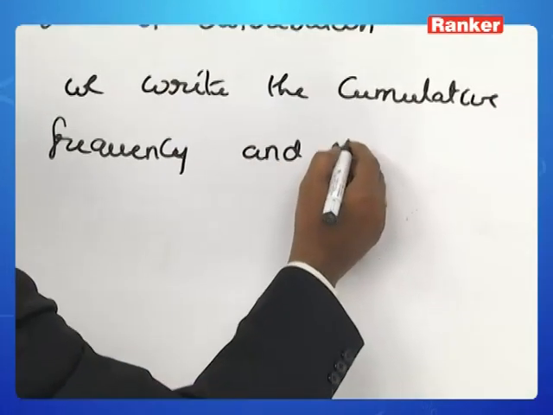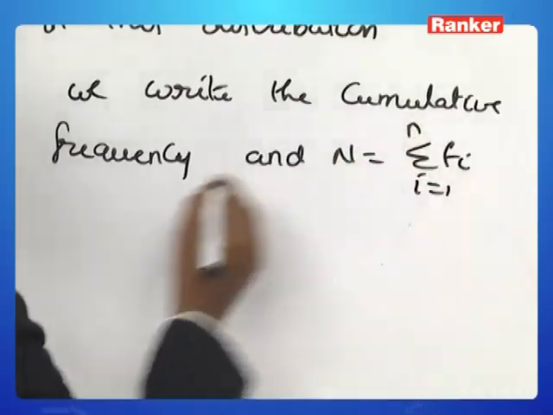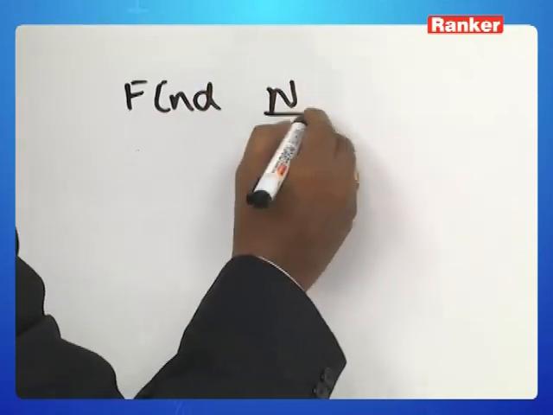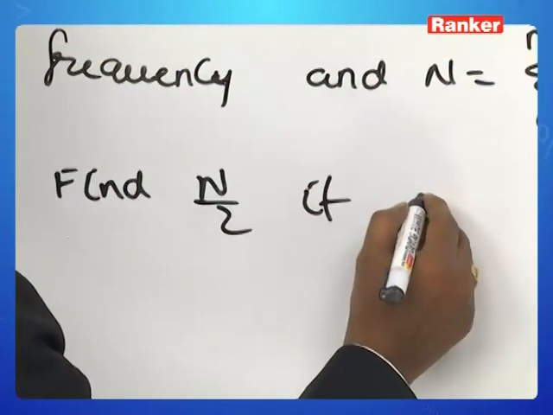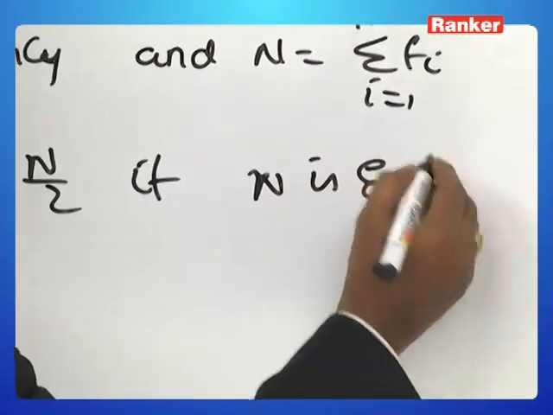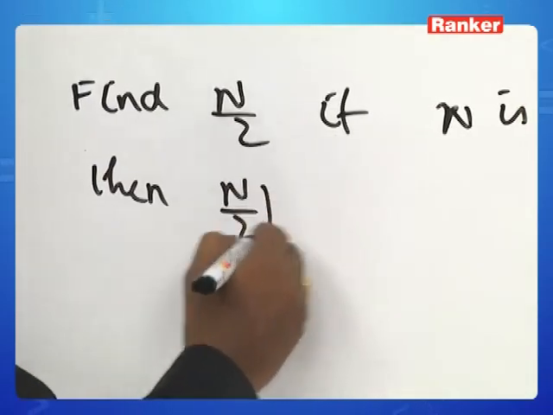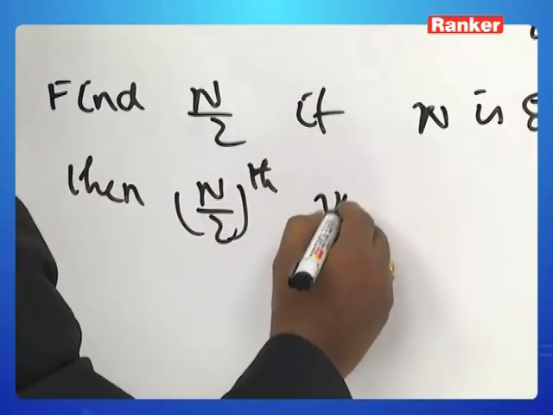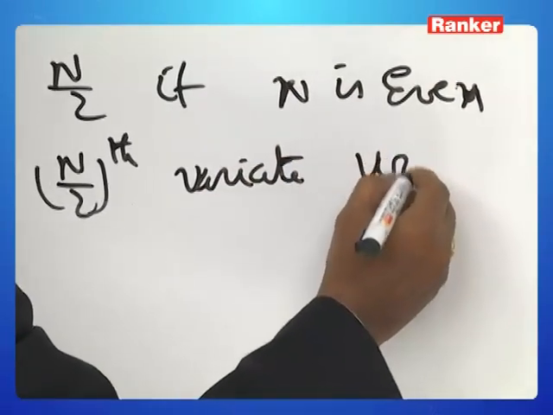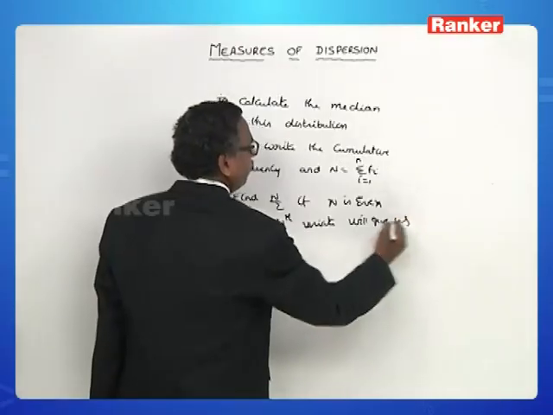And n is equal to sigma fi, i runs from 1 to n, and find n by 2. If n is even, then the n by 2th variate will give you the median.